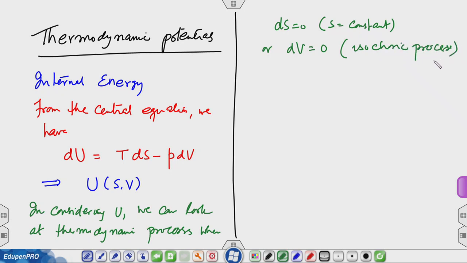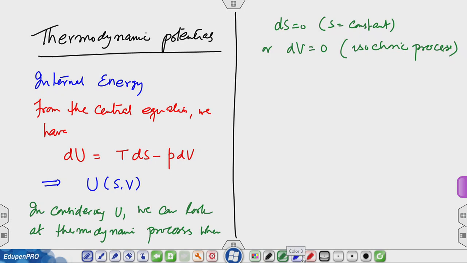But not necessarily all the processes are like this. So, we need to define other quantities where we can take, for example, we could have p constant. What kind of quantity should we have then?